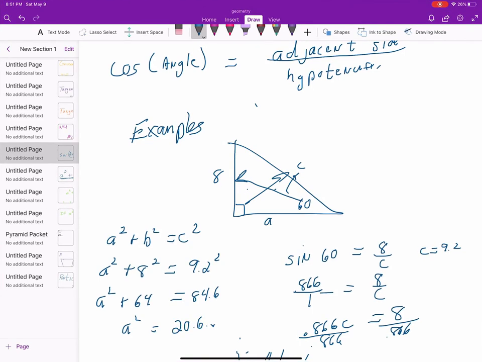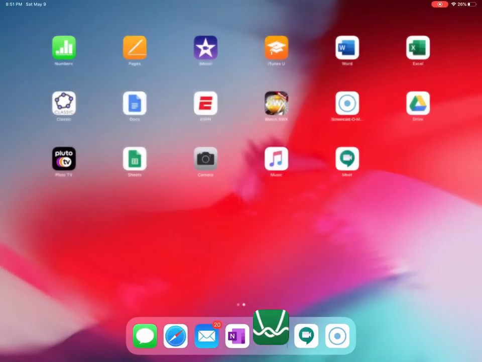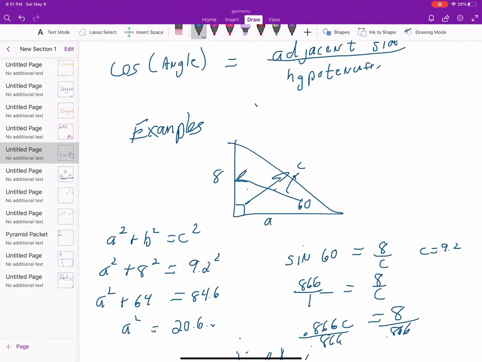And then I just have to square root that, which is 4.5. Okay, and that's pretty much how that stuff works. So let's do another one like that.